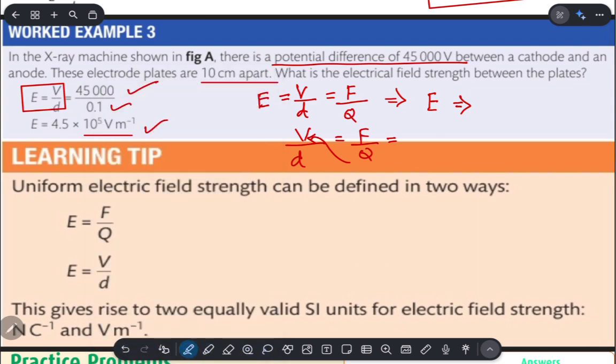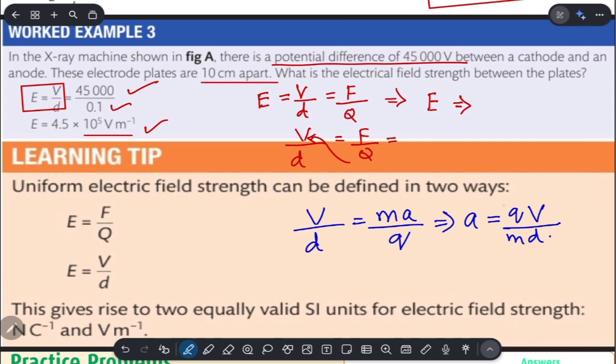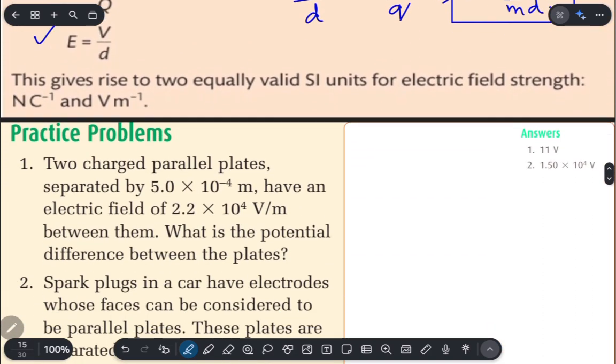Let's say F equals ma. So V by D equals ma divided by Q. From here you can find the acceleration, that is qV by m times d. Sometimes you have the charge to mass ratio, and by that you can calculate this acceleration. Here are some learning tips for the electric field strength, which can be defined in two ways, this one and this one, from this slide. Hope that this slide is clear to you.